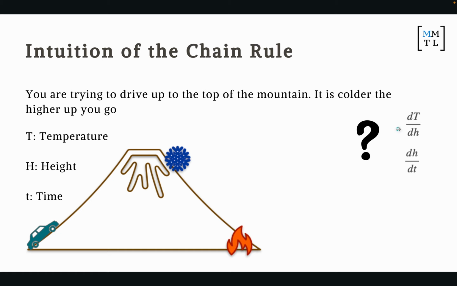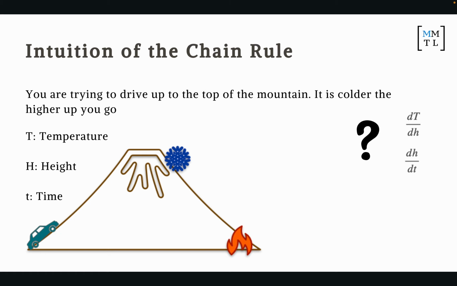So do we expect dT over dH to be positive or negative? It'll get colder as you go up. So as H goes up, T will go down. So it's negative, right? Awesome. So that's what it means: when we have a small change in H, what is the impact on the temperature?